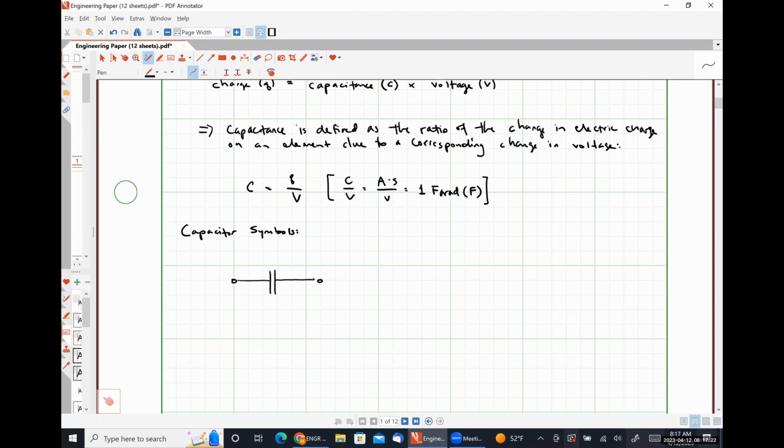The symbol for a generic capacitor reflects what it is made of, two parallel plates with leads sticking out for us to connect things to. Okay, so that's all the schematic symbol is for our general capacitor. If the voltage drop across the capacitor has this polarity, then we'll assume that our current has this polarity to obey the passive sign convention. Meaning that if current is flowing into the positive polarity terminal, we assume that the capacitor is absorbing power.